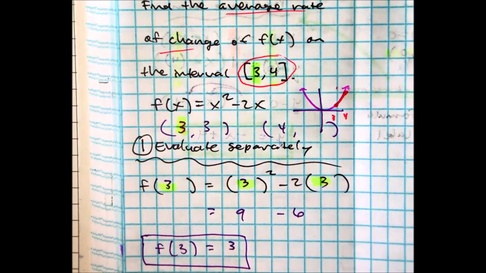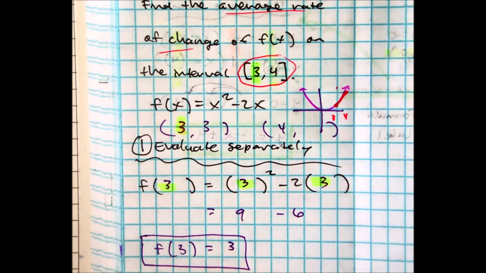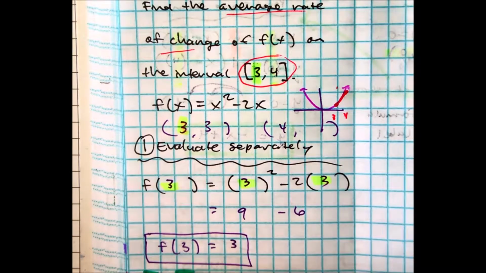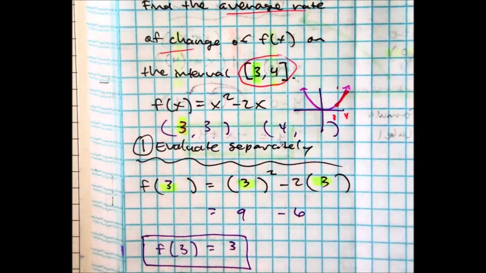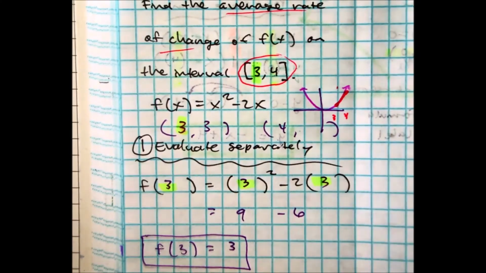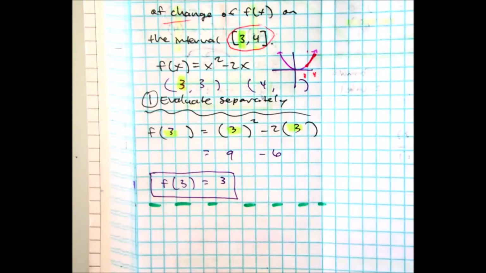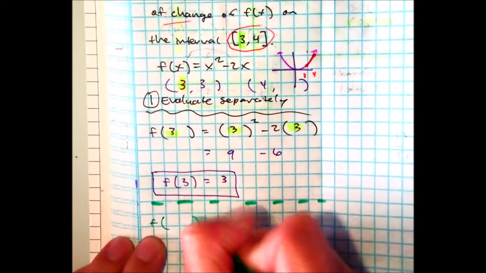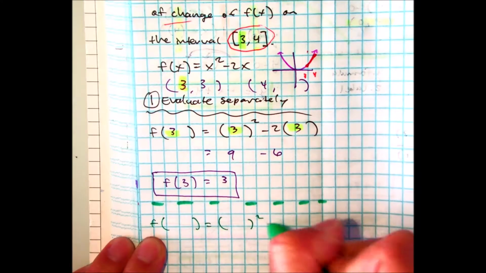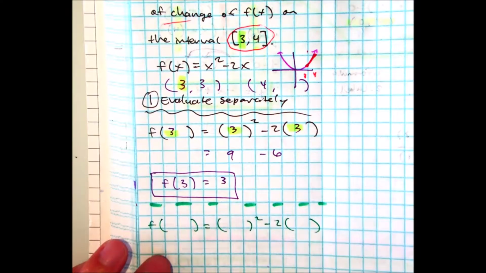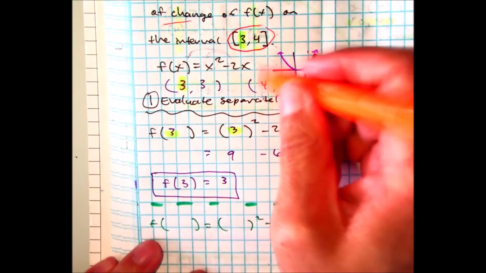Okay, now I'm going to do the second ordered pair. So I'm going to evaluate the second one. Same thing. I'm going to put a 4 into our function. Let's use orange. Now I have a 4.